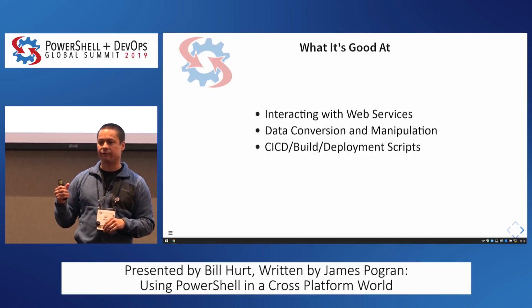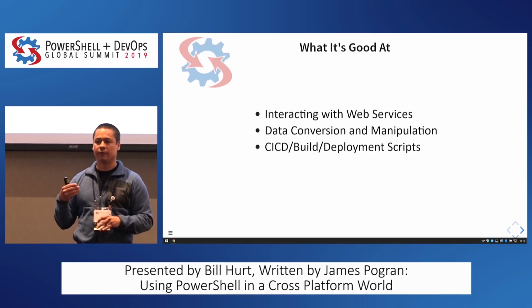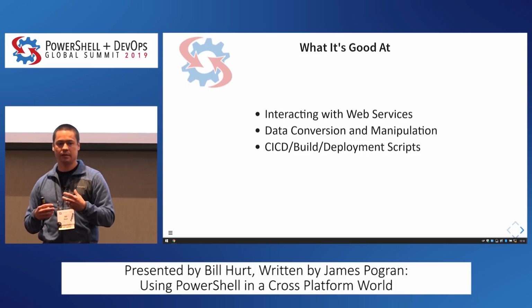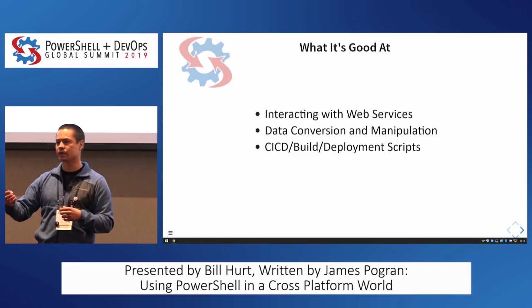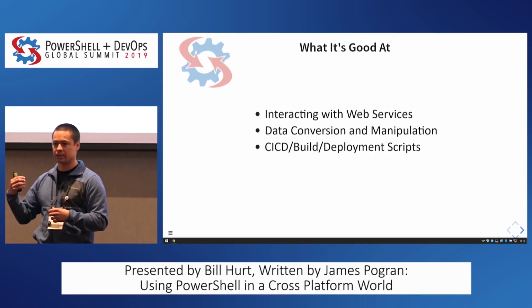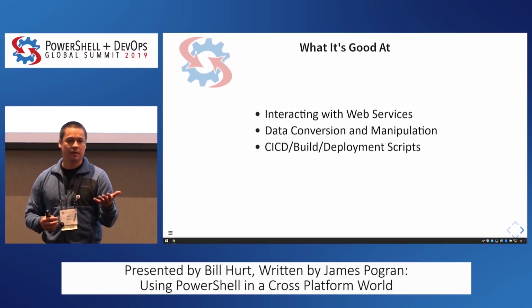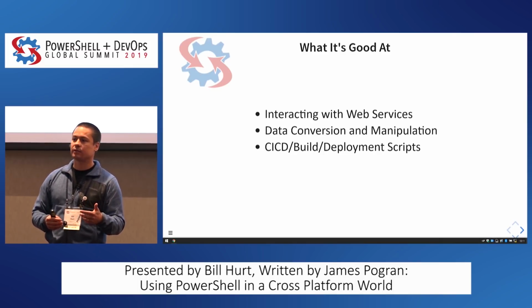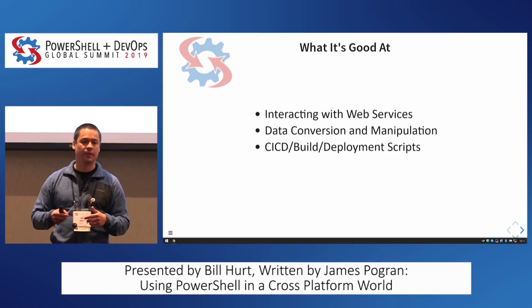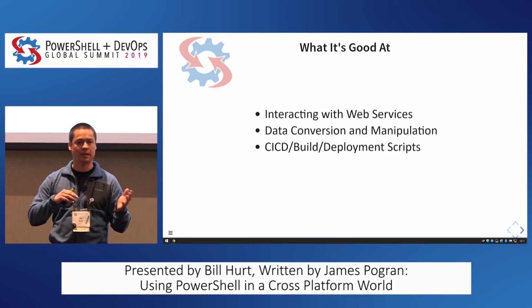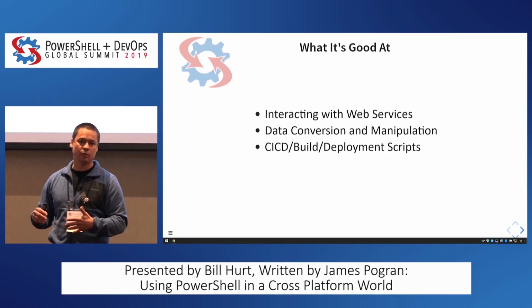Cross-platform PowerShell is great for build scripts. So if you have an open source project that you're working on, maybe you're maintaining it internally, and you want to start interacting with that project on Windows, maybe it already has a build.sh script. These build.sh scripts in a lot of cases are very difficult to understand. They're configured with environment variables, and they're not going to work very well on Windows.